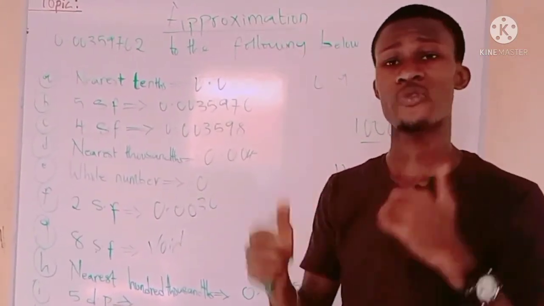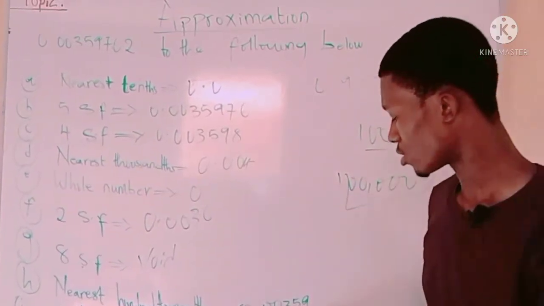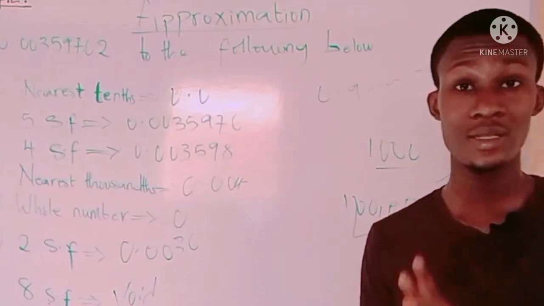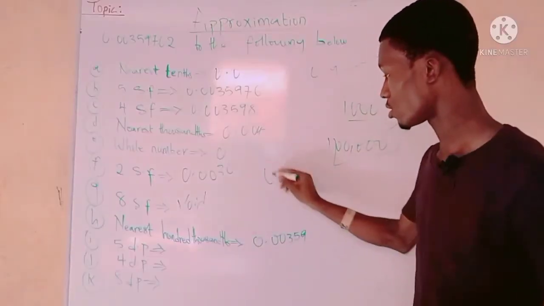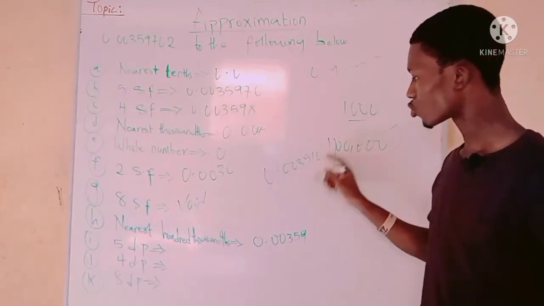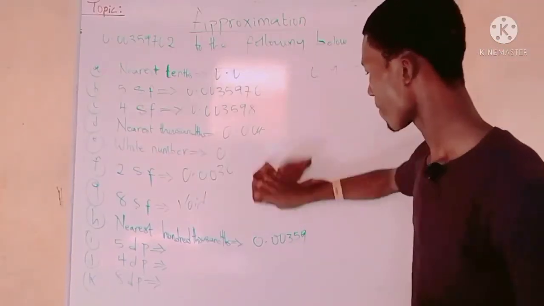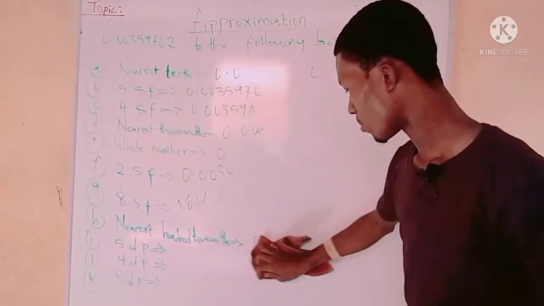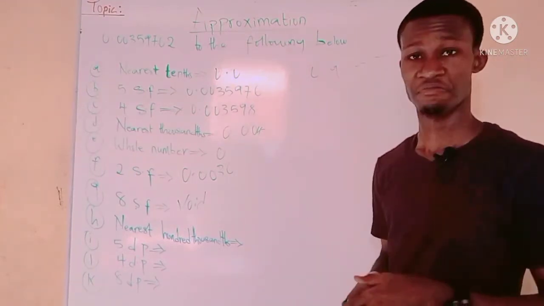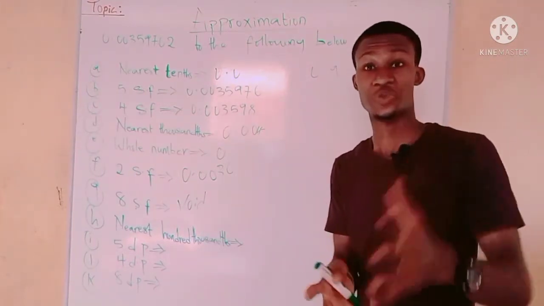Since 7 is up to 5 or more than 5, we're going to add 1 to 9. And adding 1 to 9 makes it 10. But please don't do this. This is a suicide mission. How can you write 3510? No. So I'm cleaning this trash and moving on to the exact one that's supposed to be.